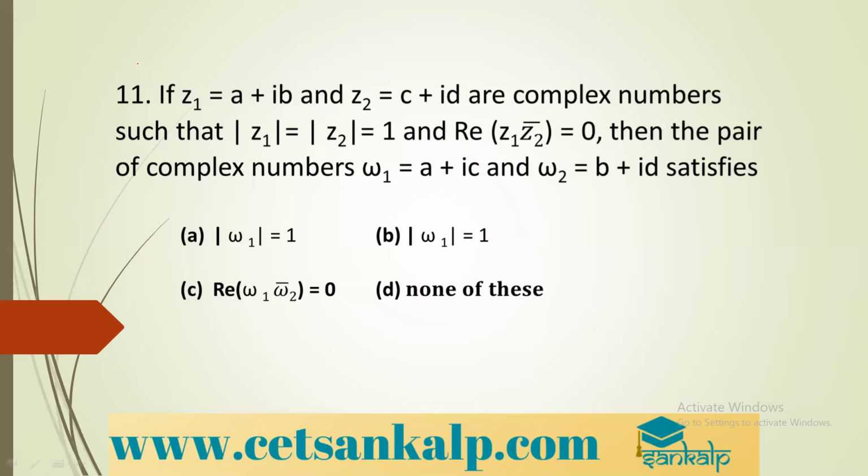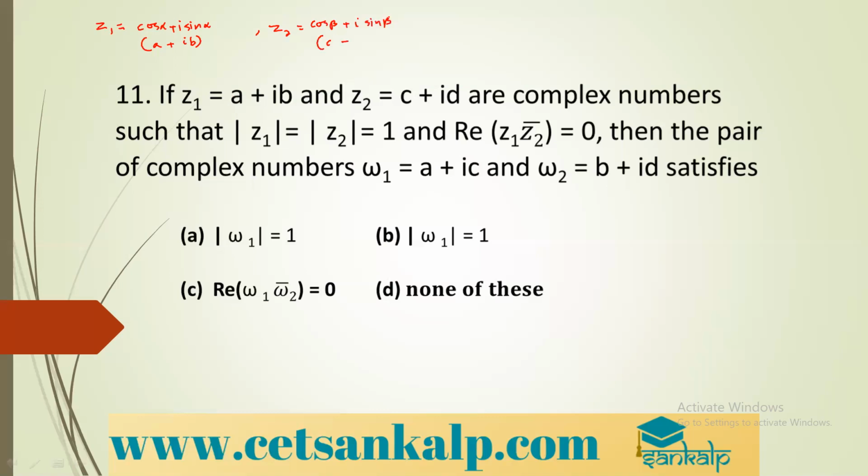So suppose they gave you z1 as a plus ib. I will take z1 as cos alpha plus i sin alpha. That means this is a plus ib. Z2 I will take cos beta plus i sin beta.